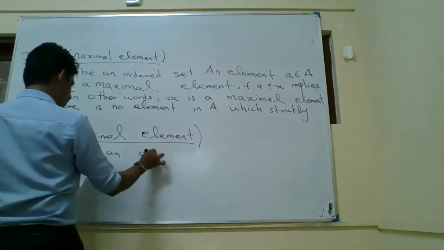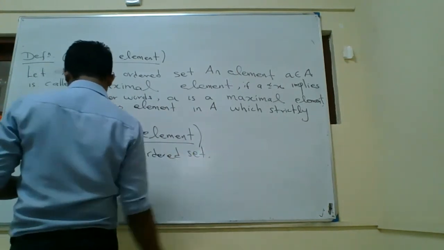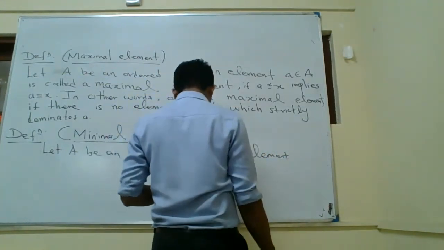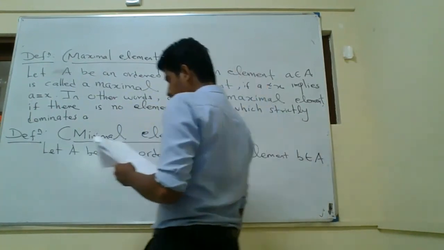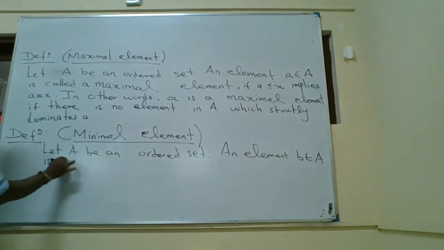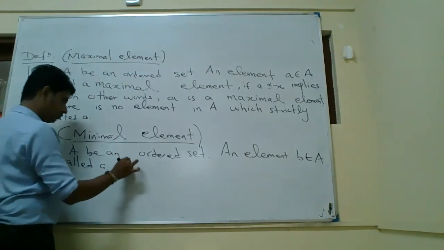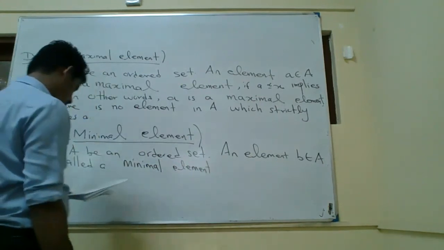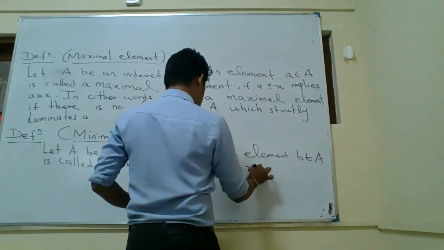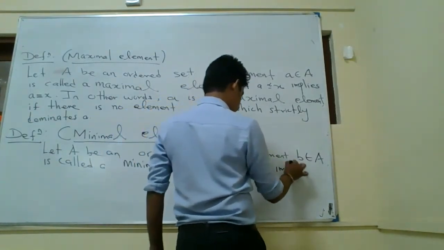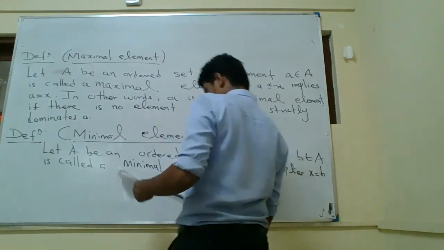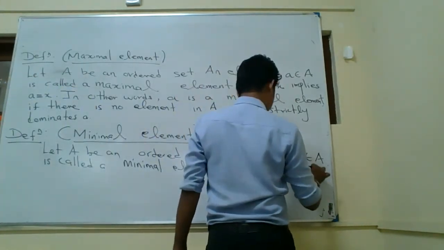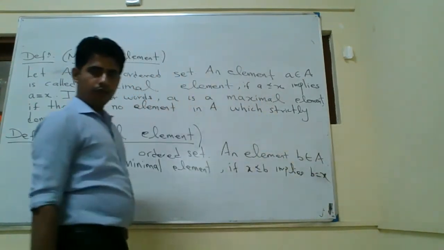An element b belonging to A is called a minimal element if x precedes b implies b equals x. Therefore b is your minimal element.